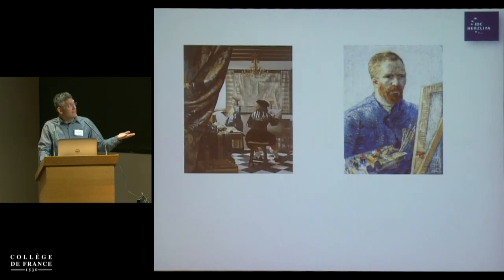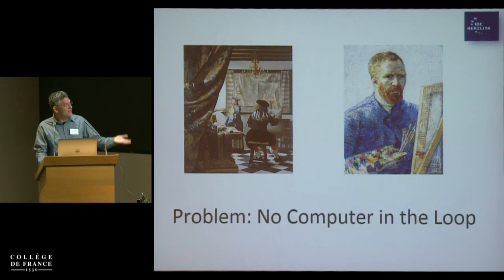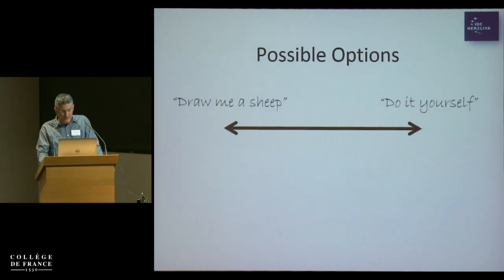Of course, the simple way to do this is do it yourself, right? So people have been using various mediums to create art, to create designs throughout history. But in this case, there's no computer in the loop. So this is the normal or the original way of doing things. And what we're interested in, or at least I'm interested in, is the combination. So we have two options.